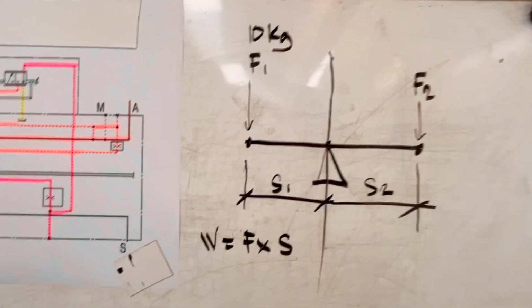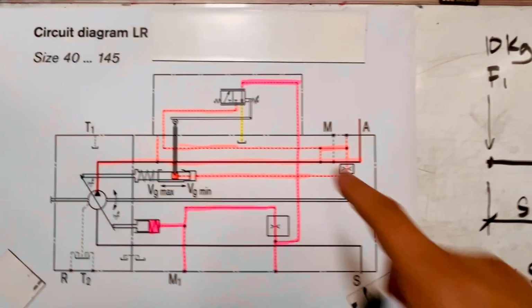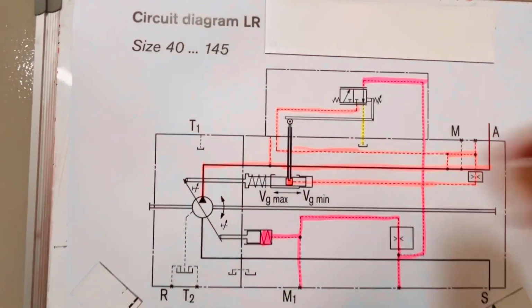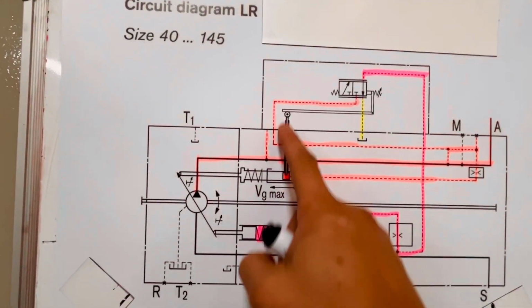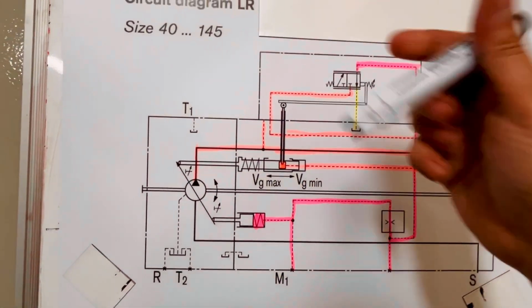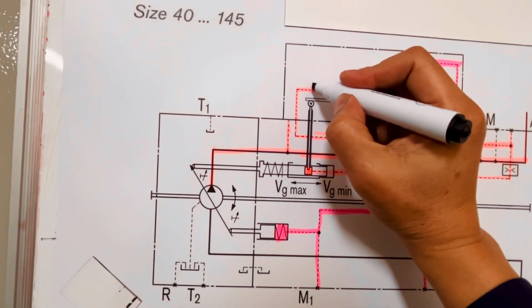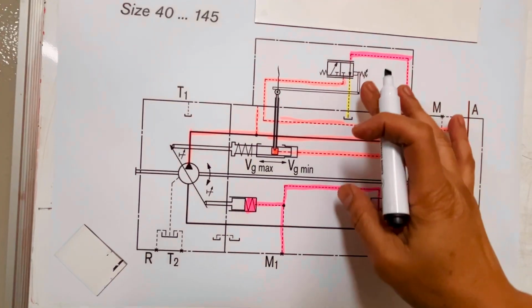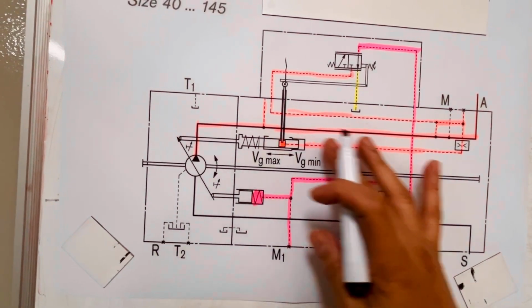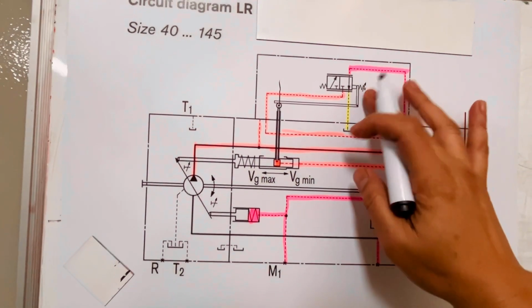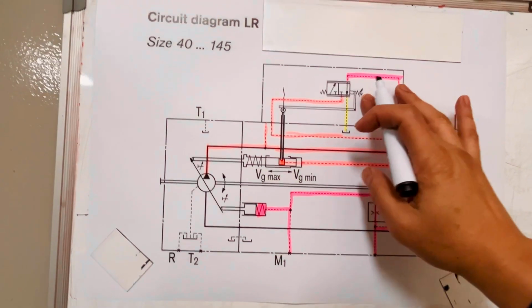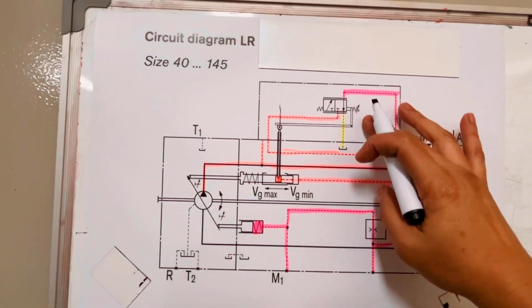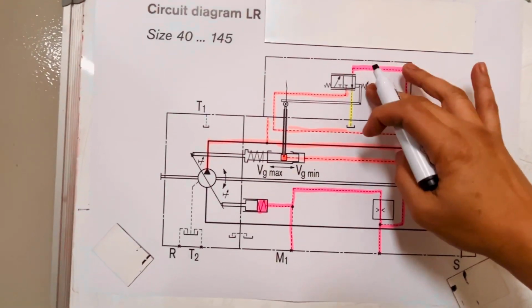Now, as you notice here, guys, this feedback is at this distance. Once this travels to minimum, as the spring is overcome by the pressure, depends on your power curve. This is actually the power curve, guys.